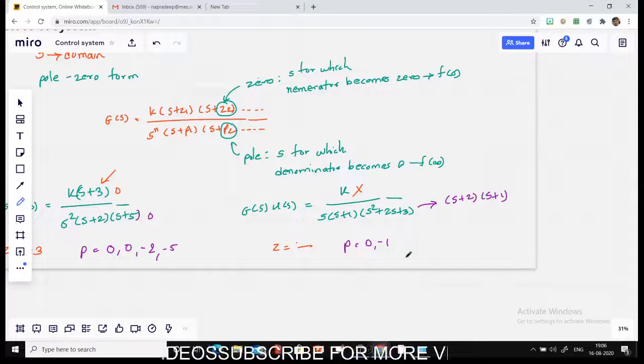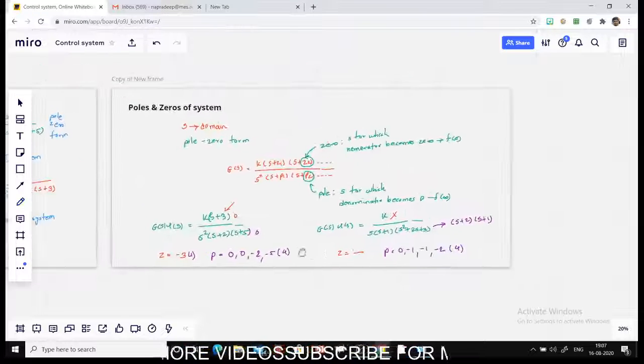You can easily solve various polynomials in the denominator, and then you can have poles at minus 1 and minus 2. This is how you can solve the polynomial in the denominator and then find the number of pole values. Again, there are 4 poles and no zeros, and in the previous system also there are 4 poles and 1 zero in my system.